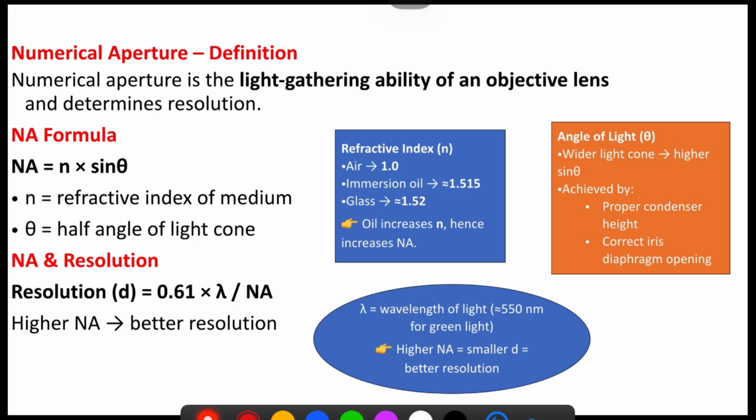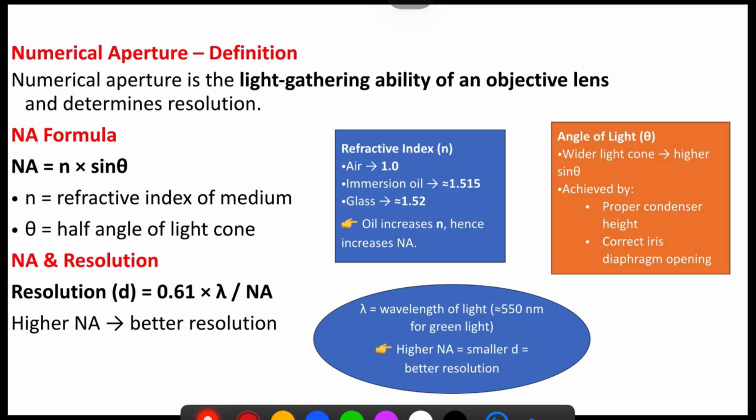So refractive index n of air is 1, immersion oil 1.515 and glass it is 1.52. So oil increases n, and hence it increases numerical aperture.